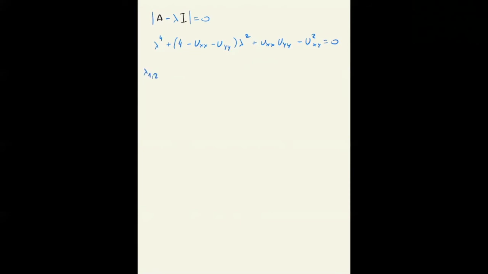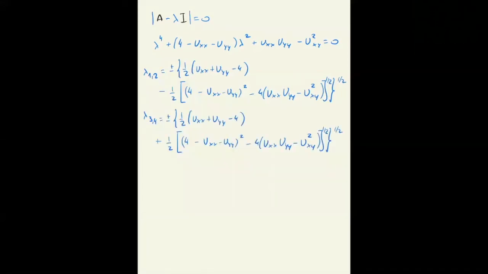The four roots are lambda 1 and lambda 2, and lambda 3, lambda 4, the same except that the second term has a positive sign. The general form of these eigenvalues, for lambda 1 and 2, is plus or minus j1 plus i times k1. And for lambda 3 and 4, it's plus or minus j2 plus i times k2, where i is the imaginary number, j and k are constants.